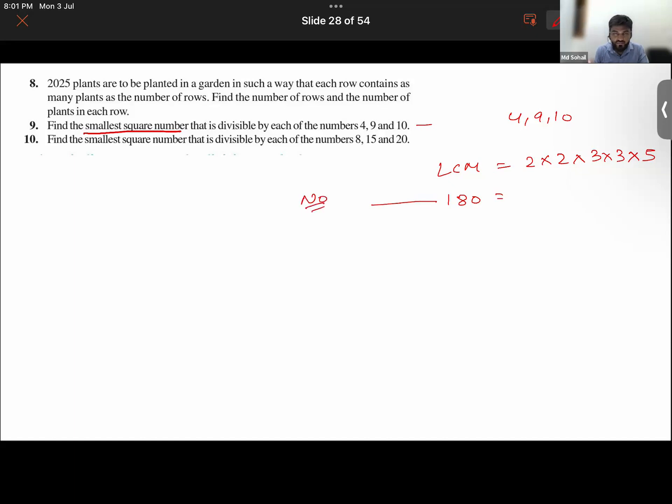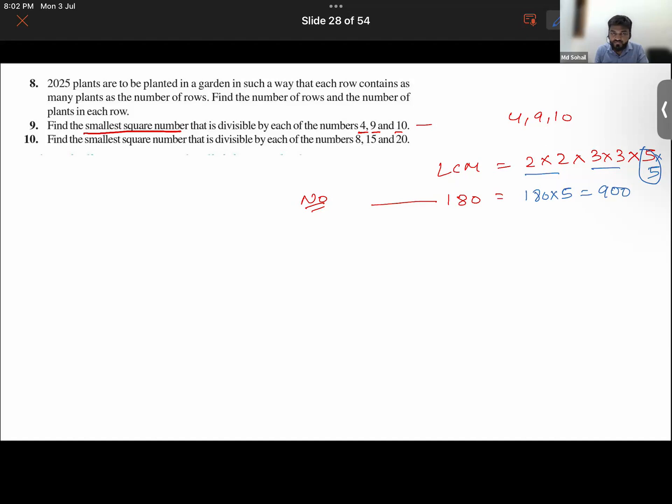No, definitely not. So you need to find such a small square number which is divisible by 4, 9, and 10, all these 3 numbers. So if we were to multiply the number with 5 here, will we not get pairs of numbers? So you will end up getting 180 multiplied by 5, that is 900.